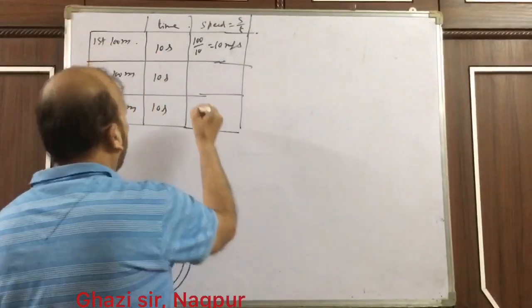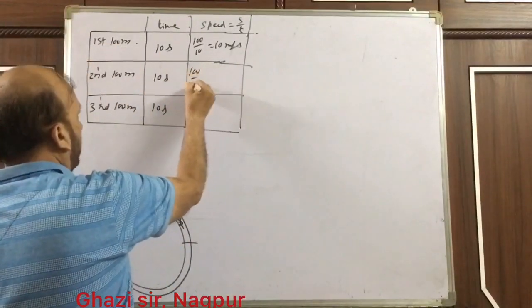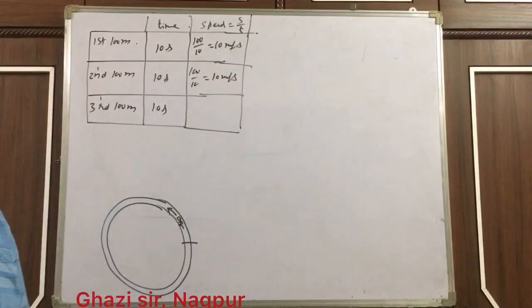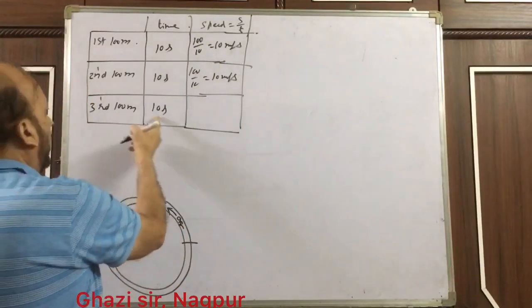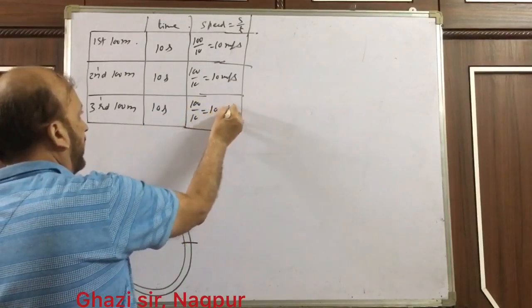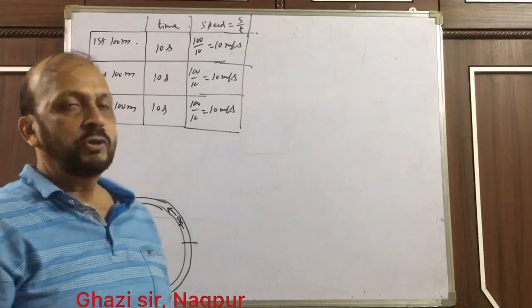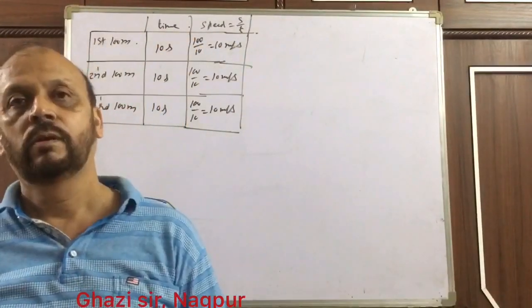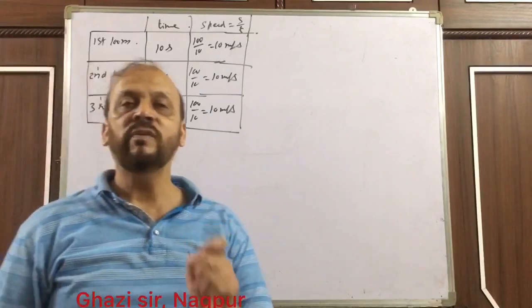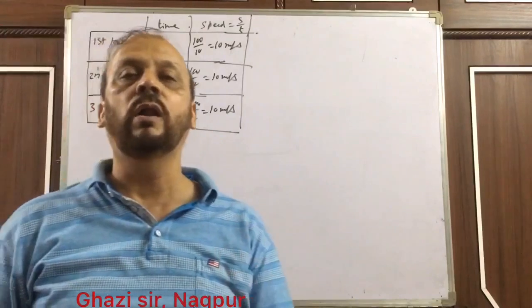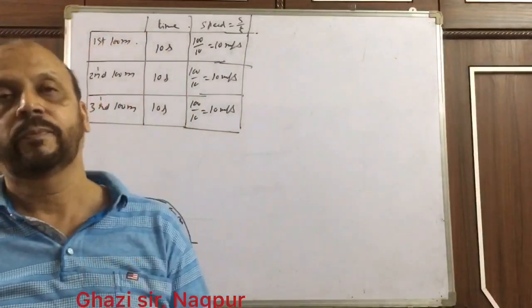Second lap 100 upon 10, that is again 10 meter per second. Third lap 100 upon 10, that is again 10 meter per second. So in each lap his speed remains constant. So if an object is moving in each lap at constant speed, then such motion is called uniform motion.